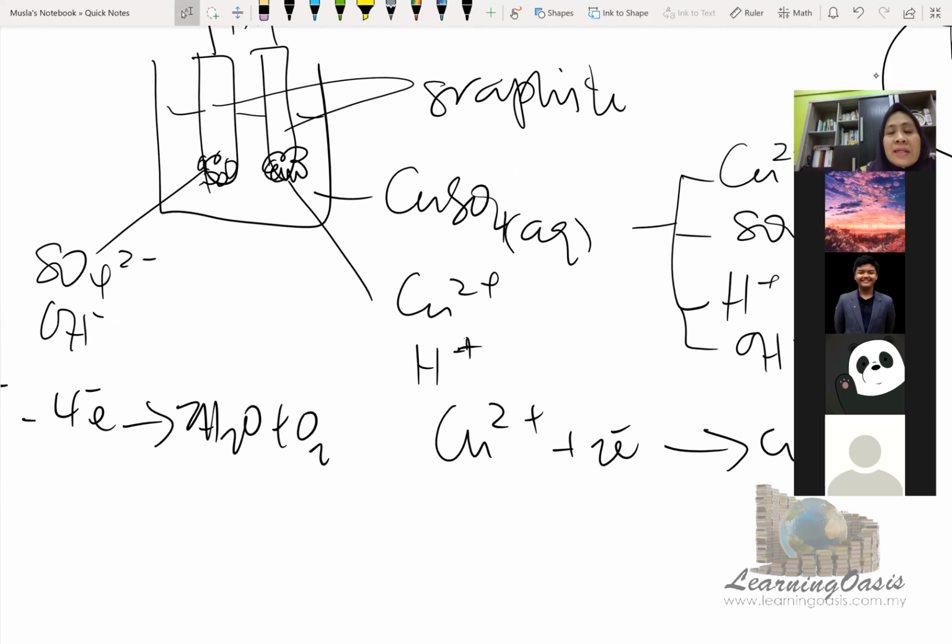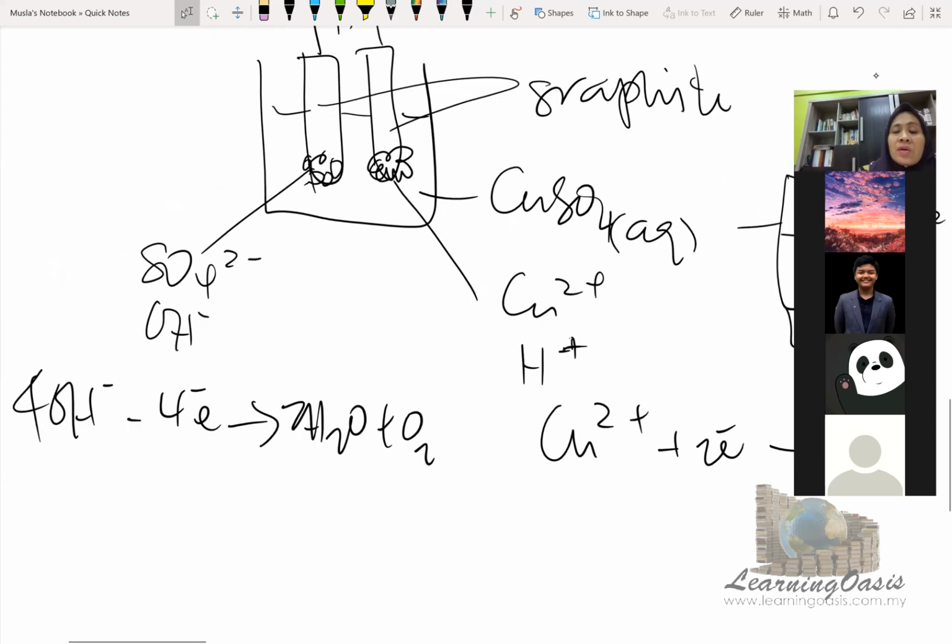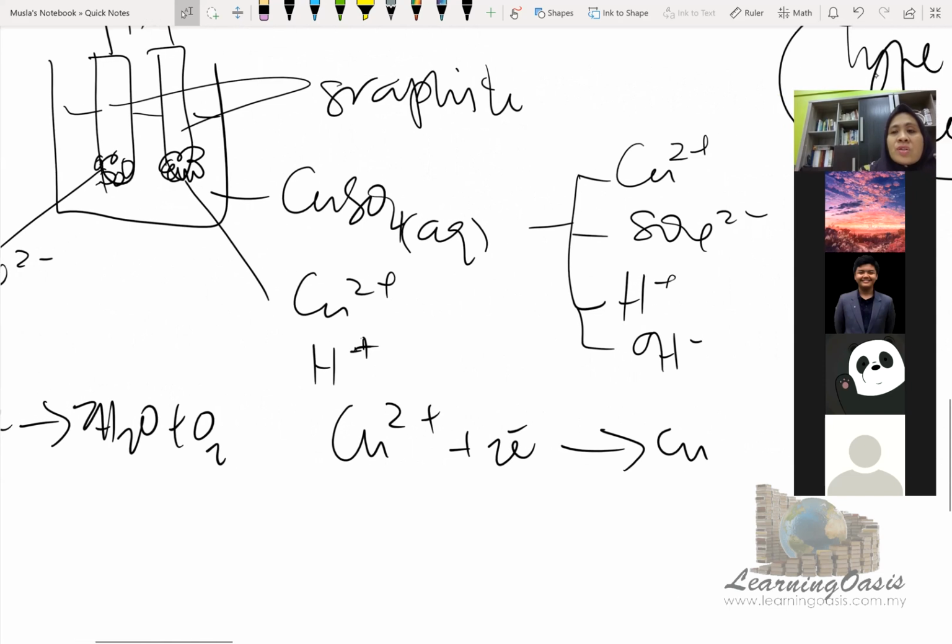Why does it turn colorless? Because all the Cu2 plus ions have been discharged, reduced to copper. Okay, copper 2 ions have been reduced to copper. So therefore, the solution changes from blue to colorless. They do ask you the observation. Now, this is when you use graphite.